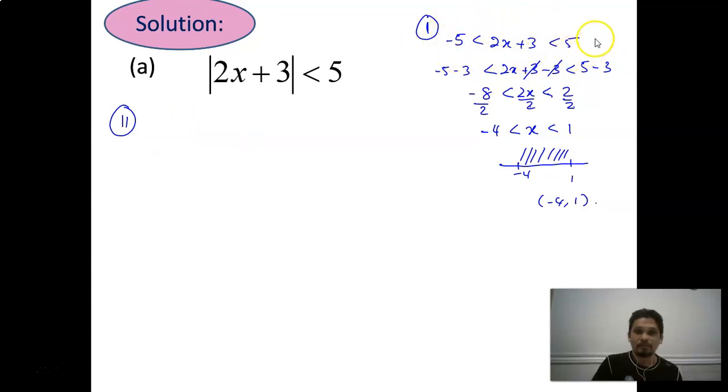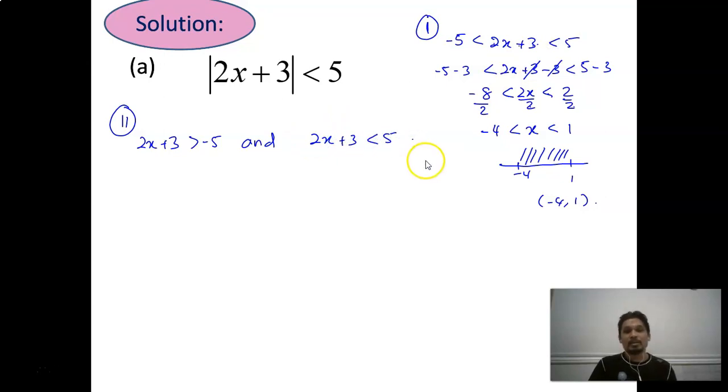From this statement, we take the first half: 2x plus 3 greater than negative 5, and 2x plus 3 less than 5. Okay, so let's try.